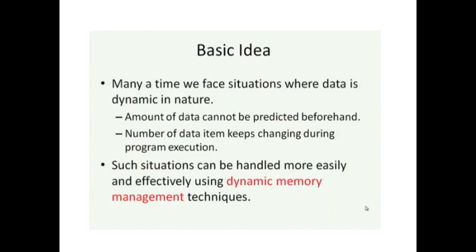Such situations are dynamic in nature, where you cannot decide in advance how much memory you are going to assign. Suppose you want to store the name and phone number of an individual who is in the line to get a ticket, and you have designed a structure for that. That structure consists of two members: one is the phone number and the other one is the name of the individual.